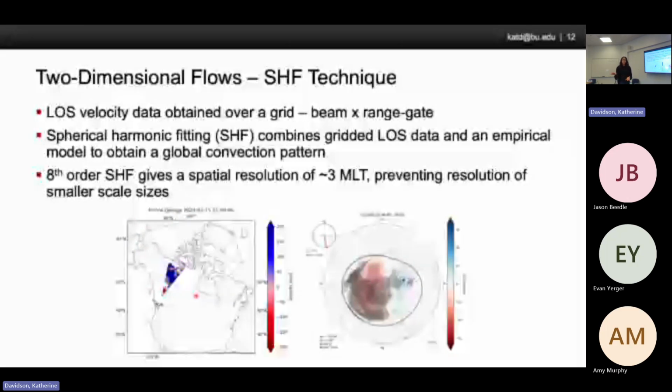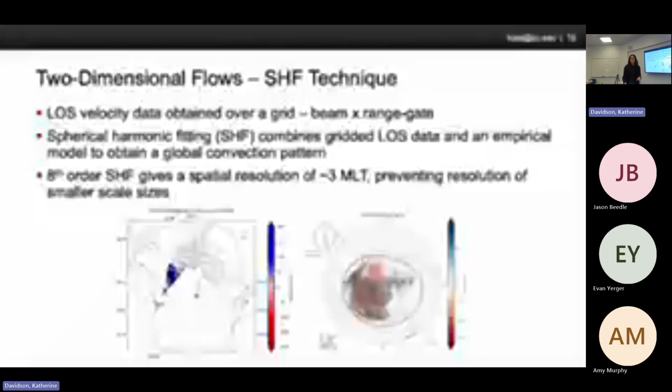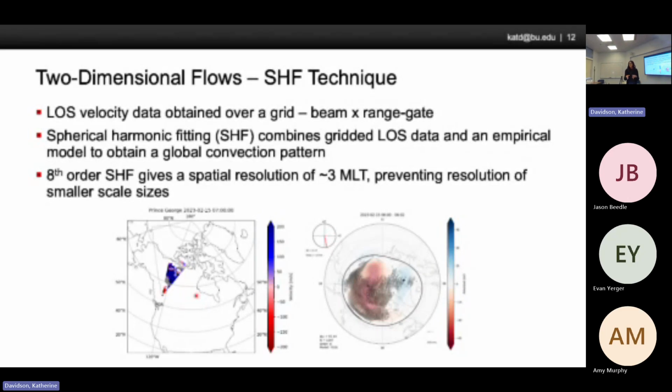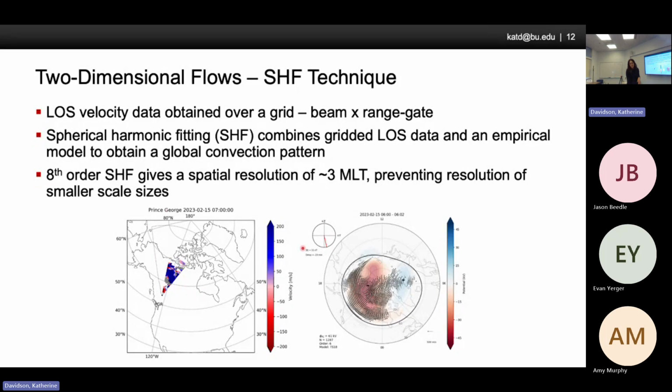It combines it with an empirical model to fill in all the gaps from the data, and then uses an 8th order spherical harmonic fit to give a spatial resolution of around 3 MLT. So this prevents the resolution of smaller scale sizes and just gives the large scale convection cycle, as I showed in the very first slide. So this is the resulting spherical harmonic fit data of this event here, and you can see just the large scale 2-cell convection pattern there.